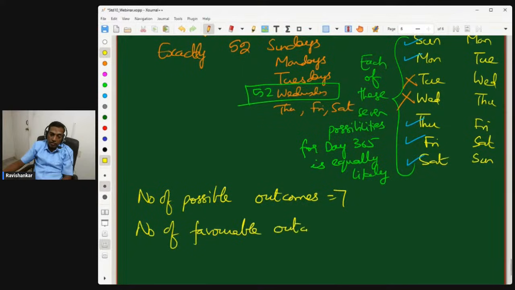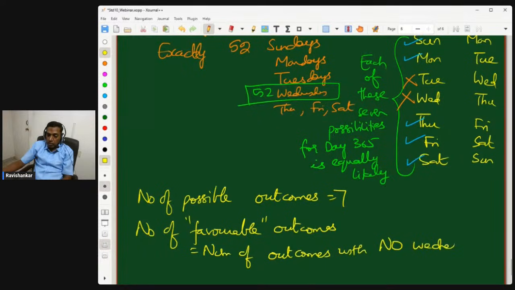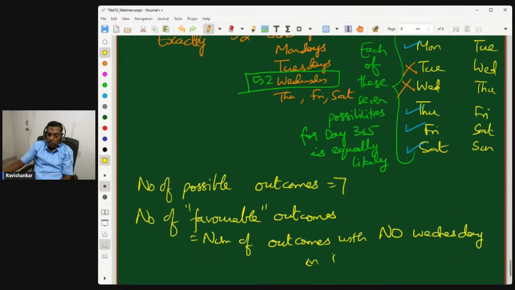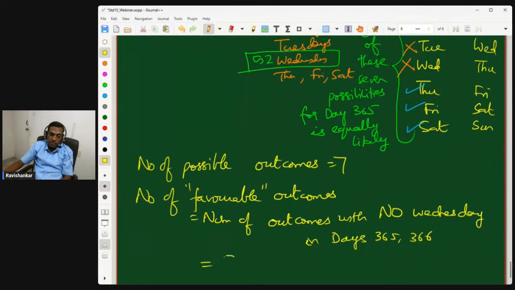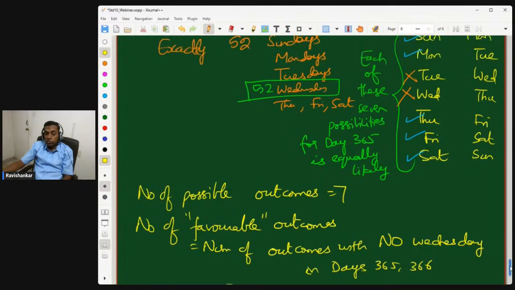Number of favorable outcomes, which is the number of outcomes with no Wednesday in days 365, 366, is 5, because that's what is favorable.